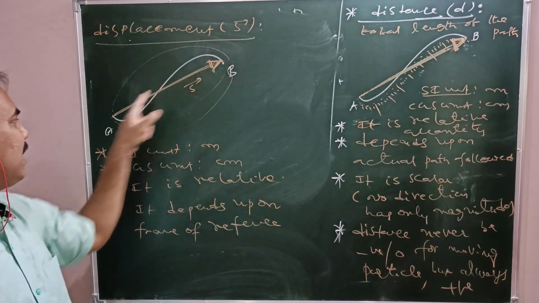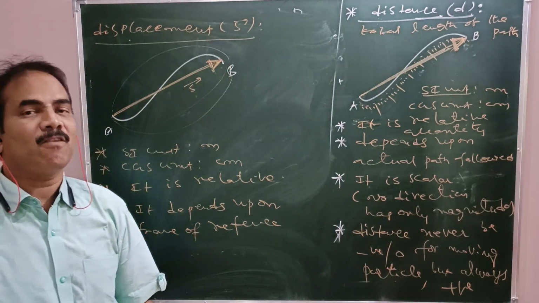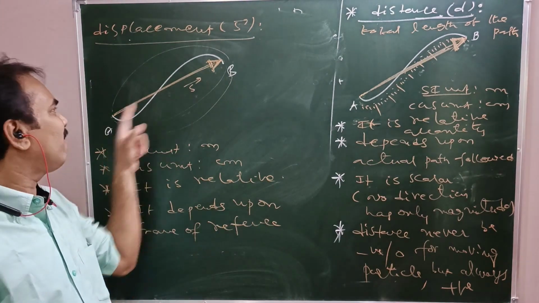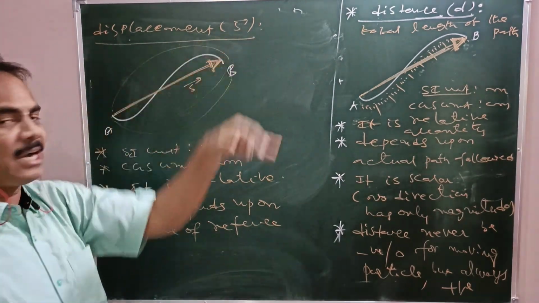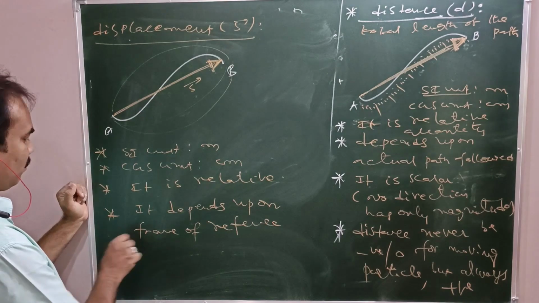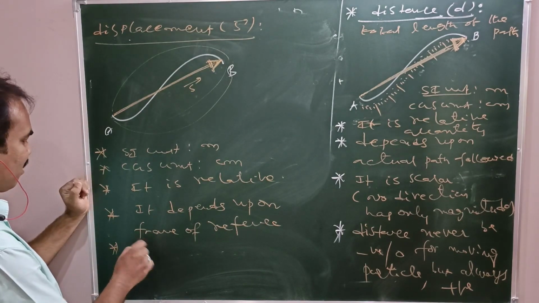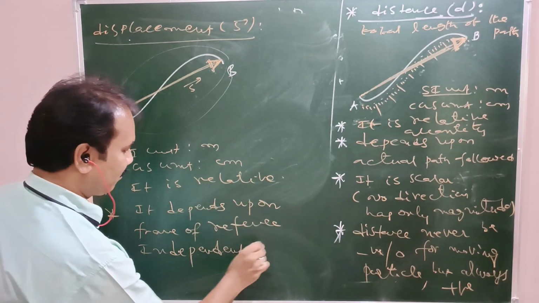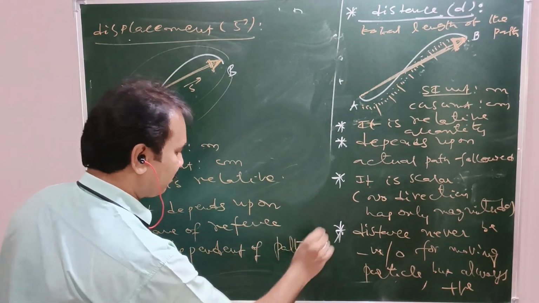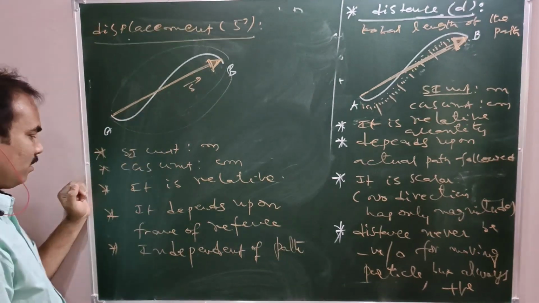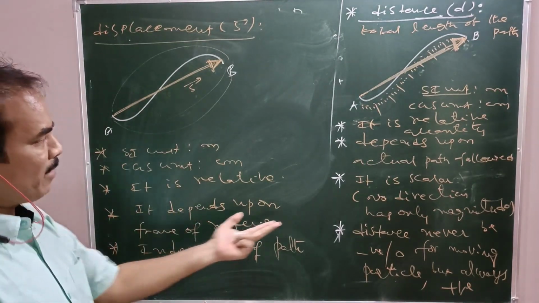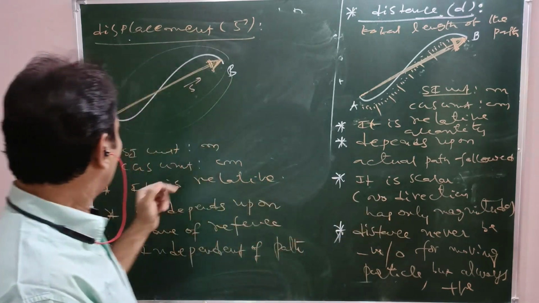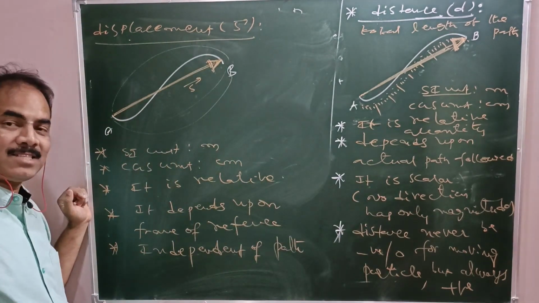No. Displacement never depends upon the path followed. Whatever the path, we neglect the path. We have to consider initial and final positions. That's all, in a straight way. So it is independent of the path followed. Am I right?